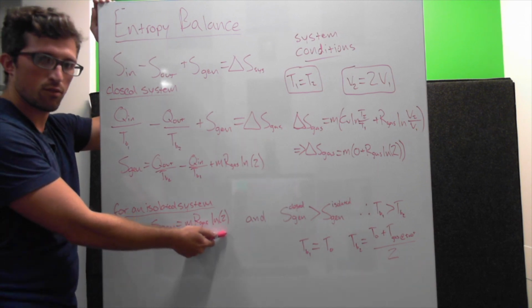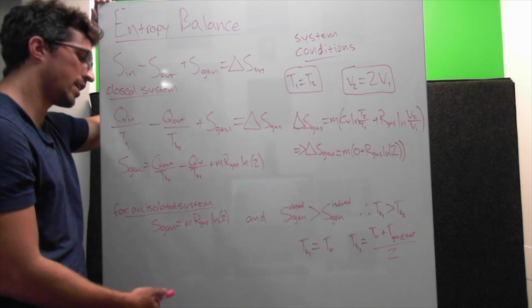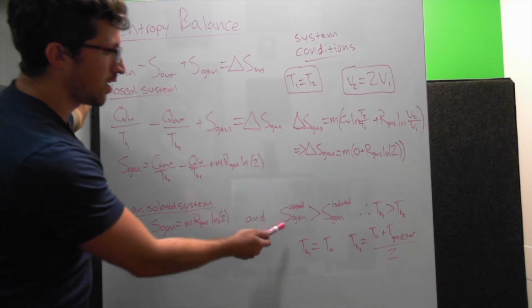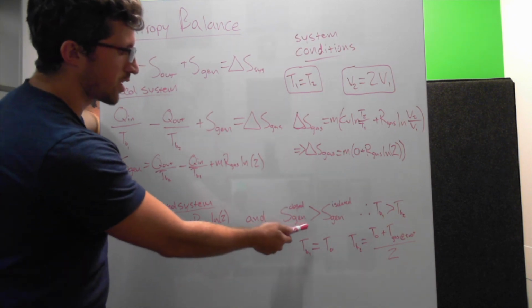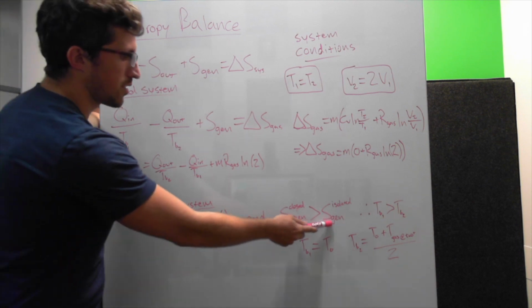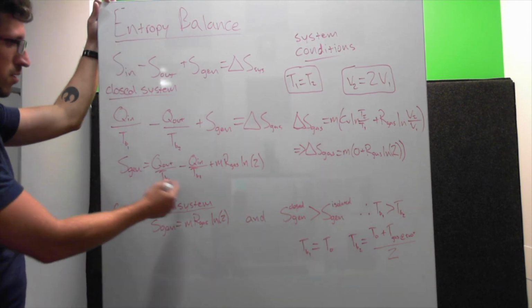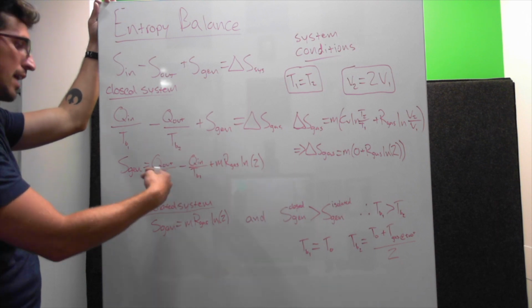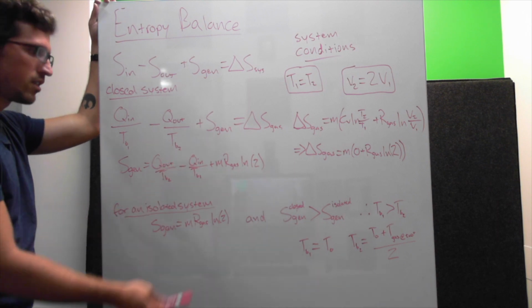In this case, if we had an isolated system that was insulated and adiabatic, a closed system is always going to generate more entropy than an isolated system. So that is why this term must be greater than this term. That way they don't cancel out, since Q out equals Q in.